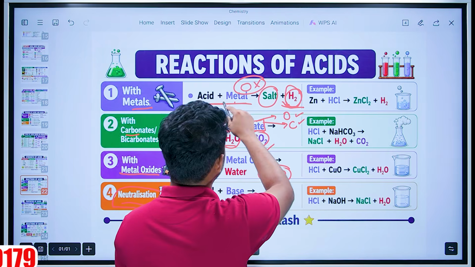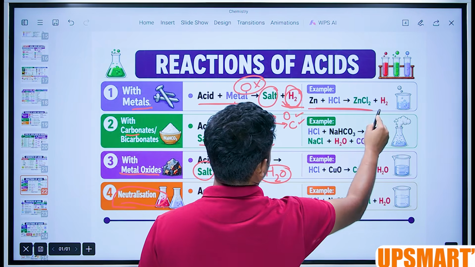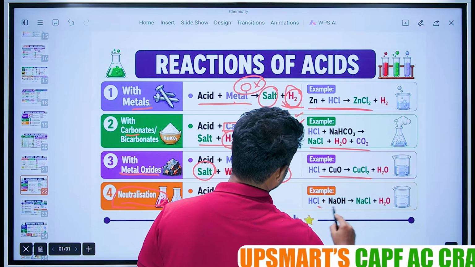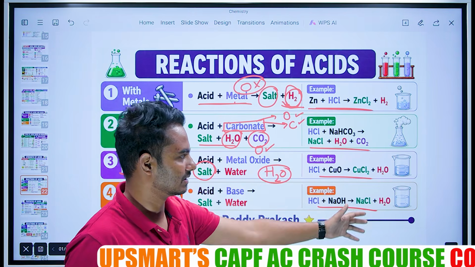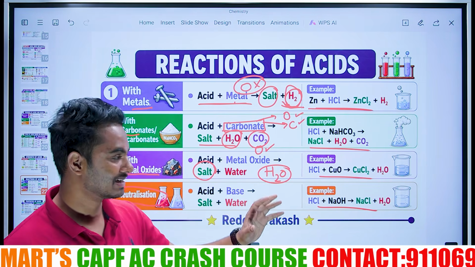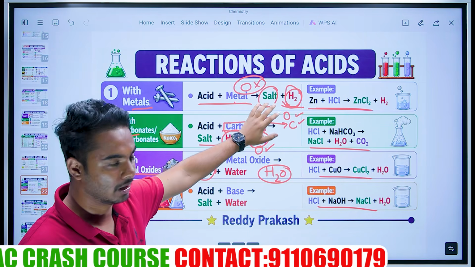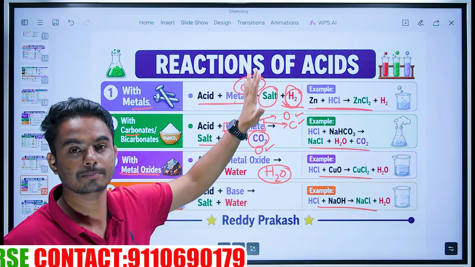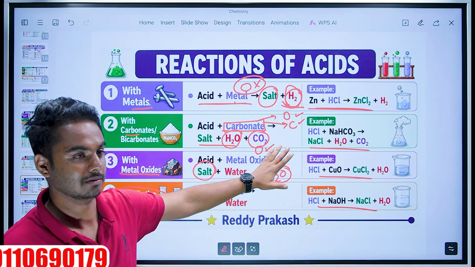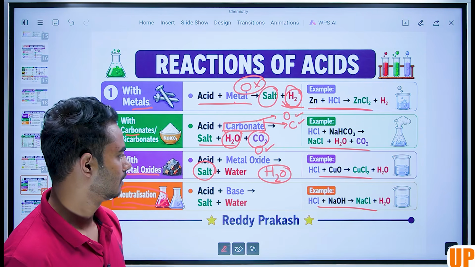Okay, so the examples, you can study the examples. You need not remember all these things. These are examples for what produces hydrogen, or water, or hydrogen plus carbon dioxide.